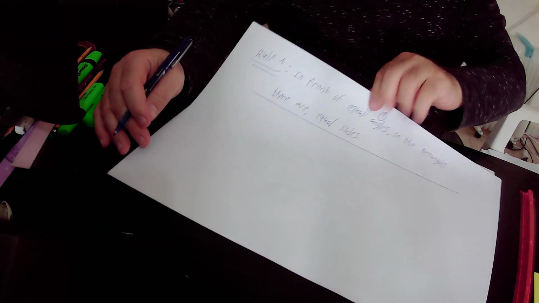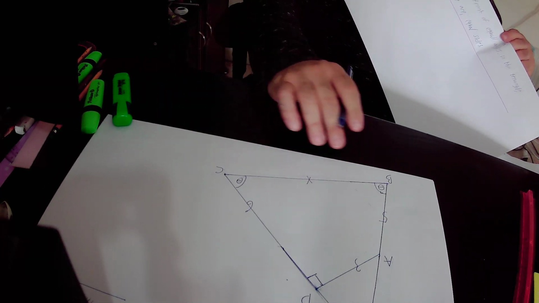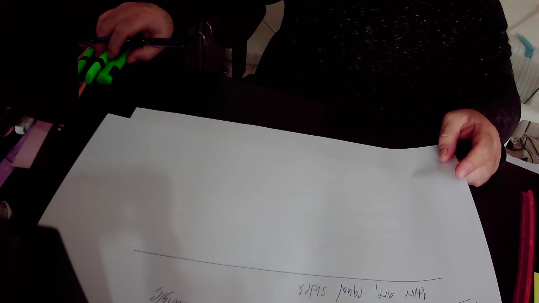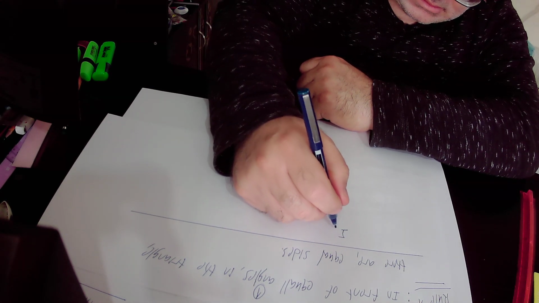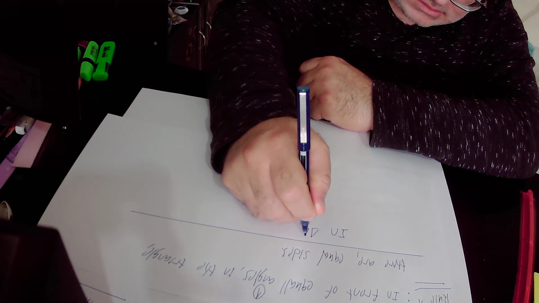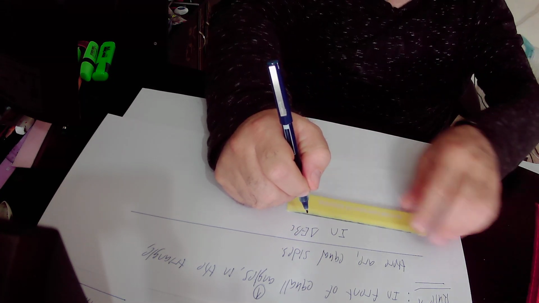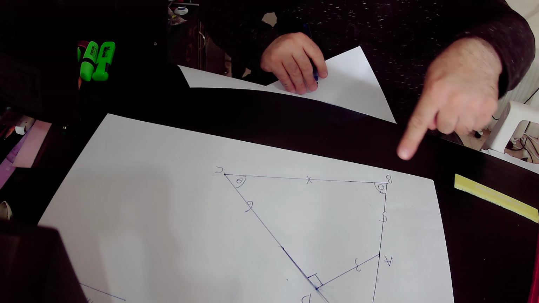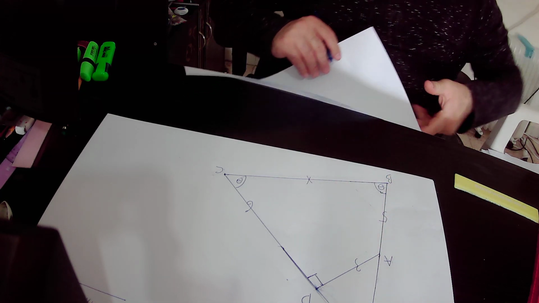So here, if we focus on triangle EBC, it is given in the question that angle EBC equals angle ECB equals theta.